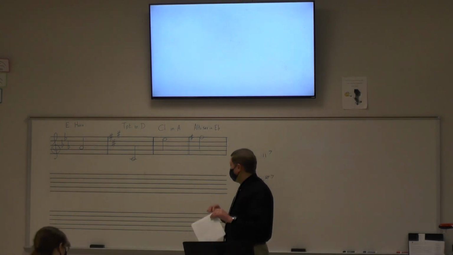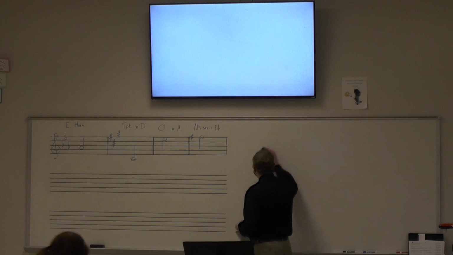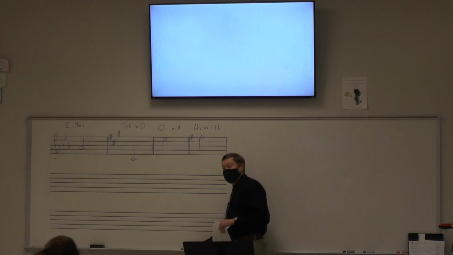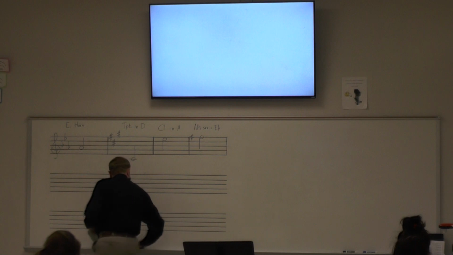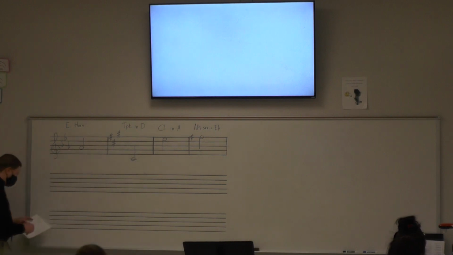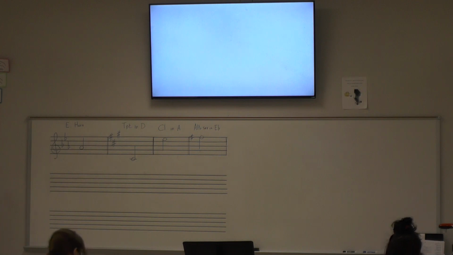Before we start getting into the new material that I want to cover today, I want to do a very quick review with a few of the transposing instruments we talked about last class. And I have 4 examples up here on the board.